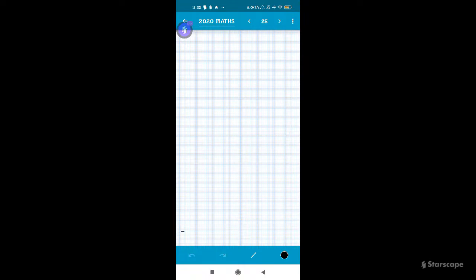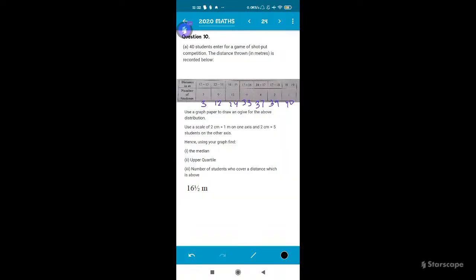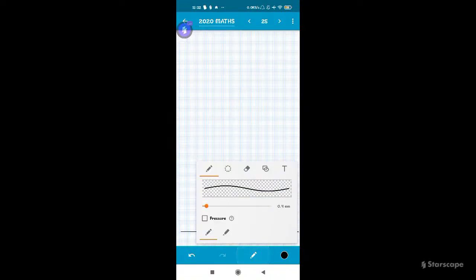Since our data doesn't start from 0, we have to make a small distortion on the x-axis. See, it is not starting from 0, it is starting from 12, so we have to make a very small distortion so that our graph is correct.